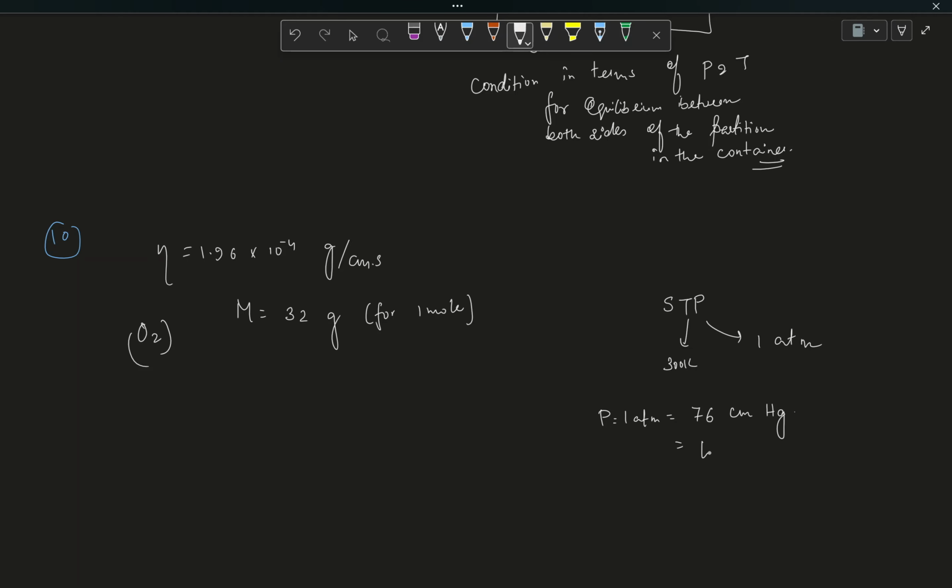So you can write this in terms of, because pressure is equal to h rho g, where h is the height of the element in a column shape you can think of, rho is the density of that element, and g is the gravitational acceleration. Because we are taking everything in CGS units for this problem, all CGS units will be followed. So h is 76 centimeter, and rho is the density of mercury, which is 13.6 gram per cc in CGS.